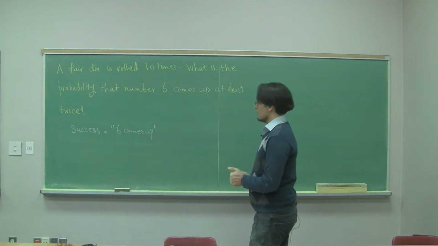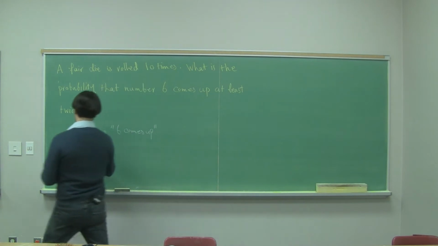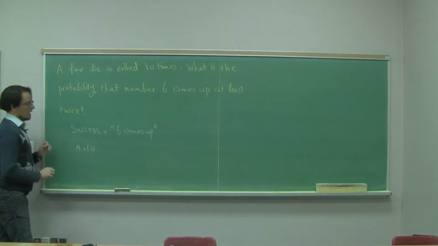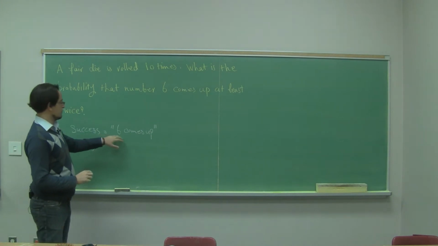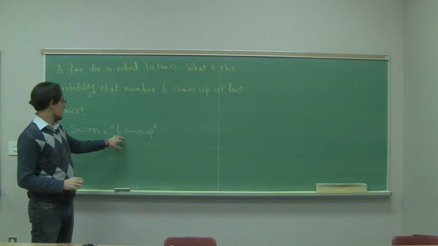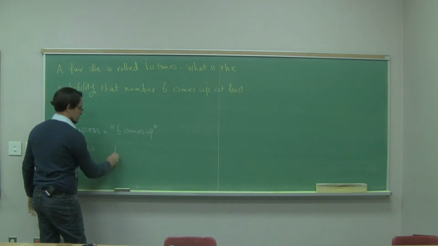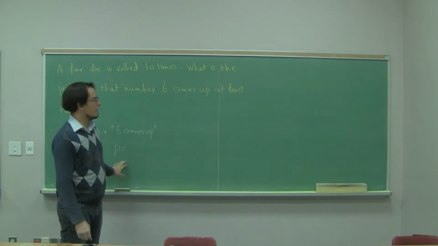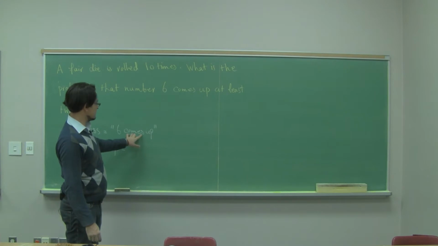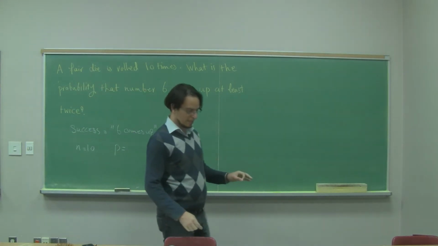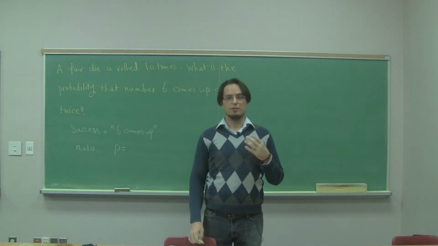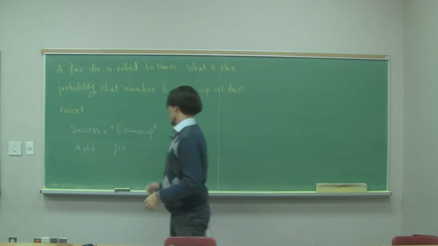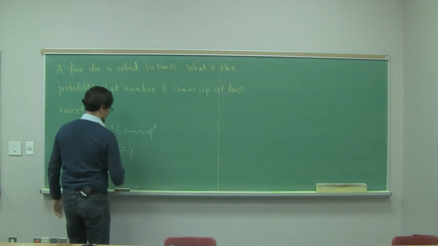In this case, again, we have n equal to 10, and we need to know the probability that success happens. Here we denote it by p, and since the result is 6 comes up, the probability that 6 comes up is 1 out of 6, so our p is 1/6.